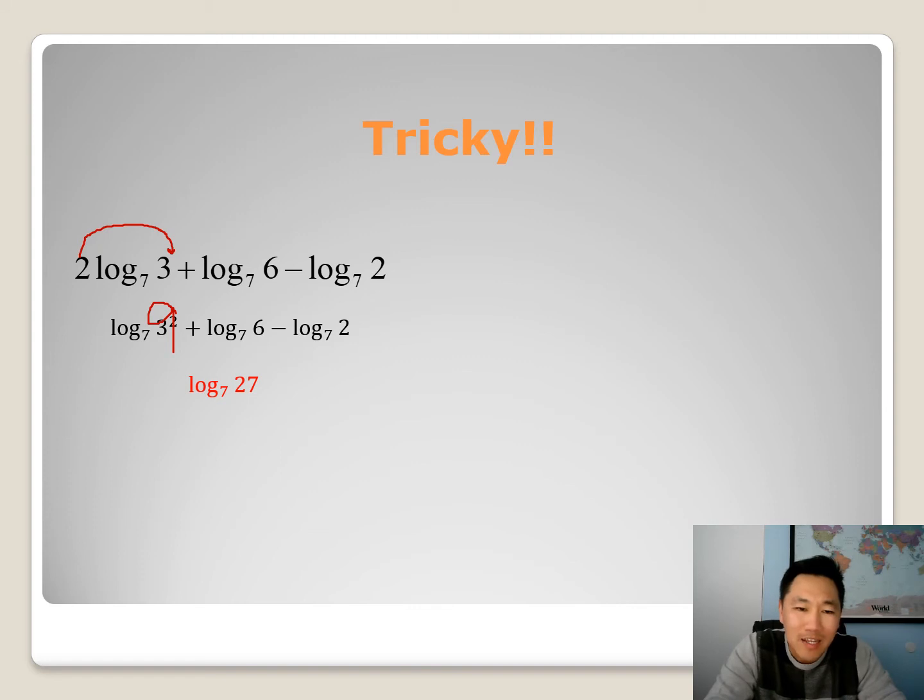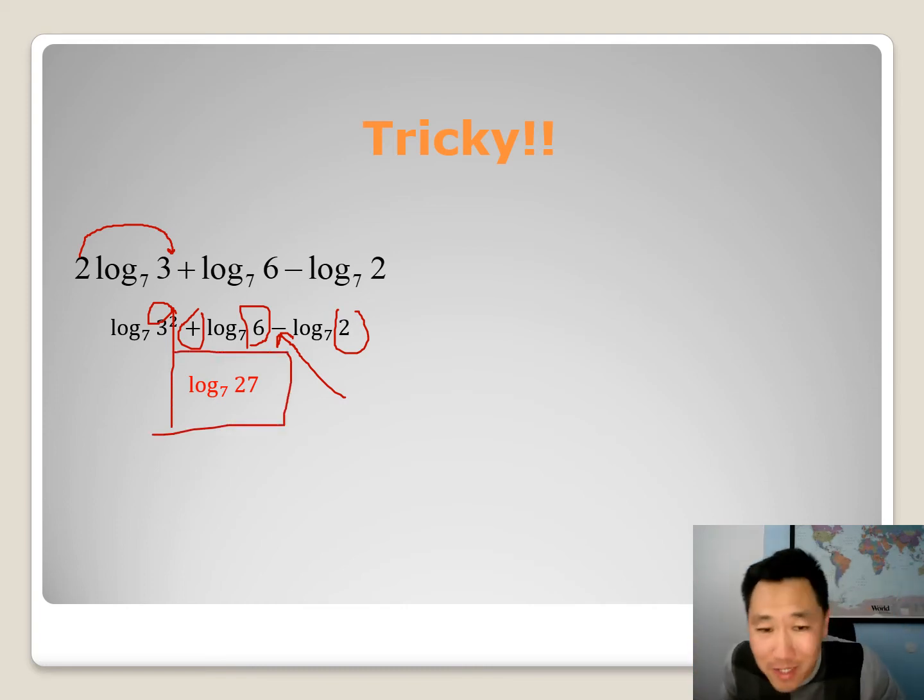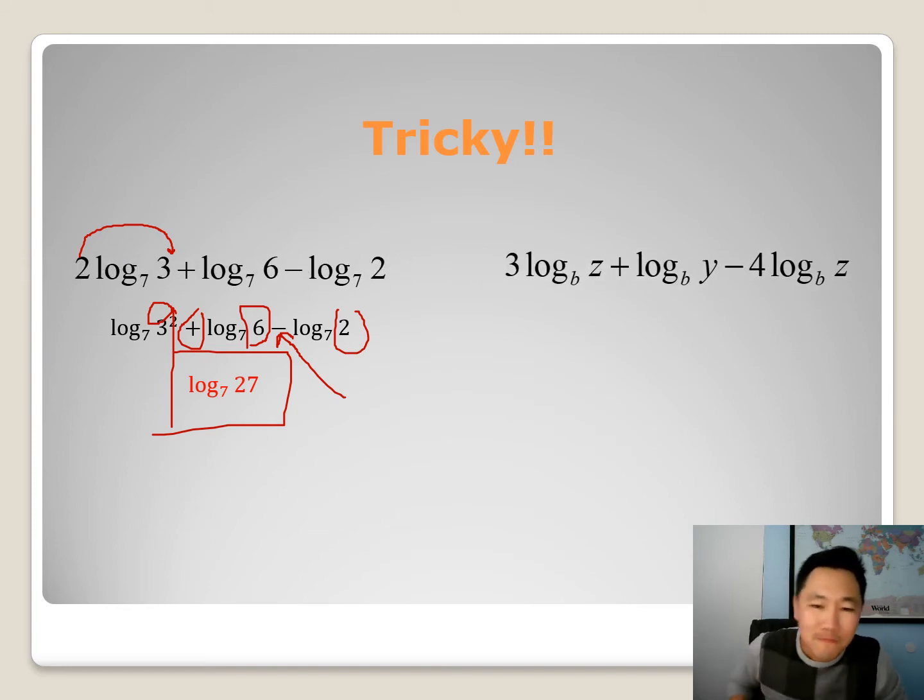So 9, and then since it's a plus sign with a 6, that gives us, multiply them together, you get 54, and then this minus sign means divide. When you divide by 2, you get log base 7 of 27. I just jumped straight to the answer real fast there.